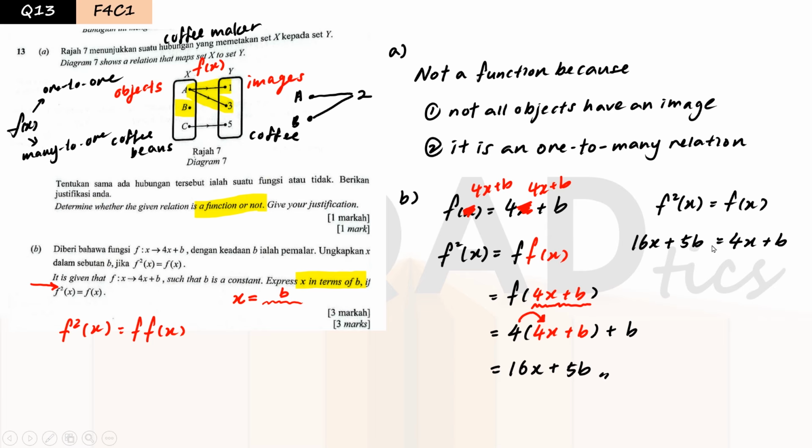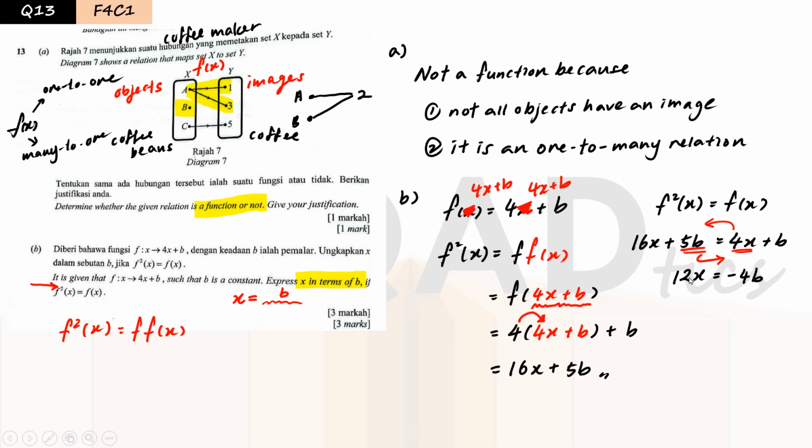Okay, so now going back to the condition of the question here, x must be on the left side of the equation. So what we are going to do is to move the things which have x to the left side. For example, this 4x needs to move to the left side. So this 5b, since it does not have x, I'm going to move it to the right side. Okay, so here 4x, if I move to the left side, it will minus with 16x already.